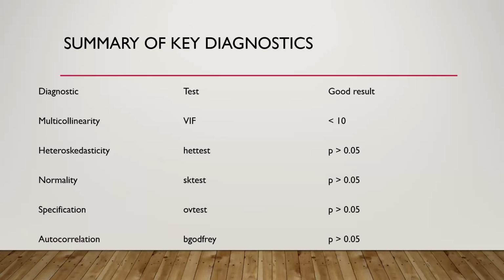So in general, to diagnose your regression, the good results are: one, check for multicollinearity with the VIF, heteroscedasticity, and then normality, and then specification, autocorrelation.